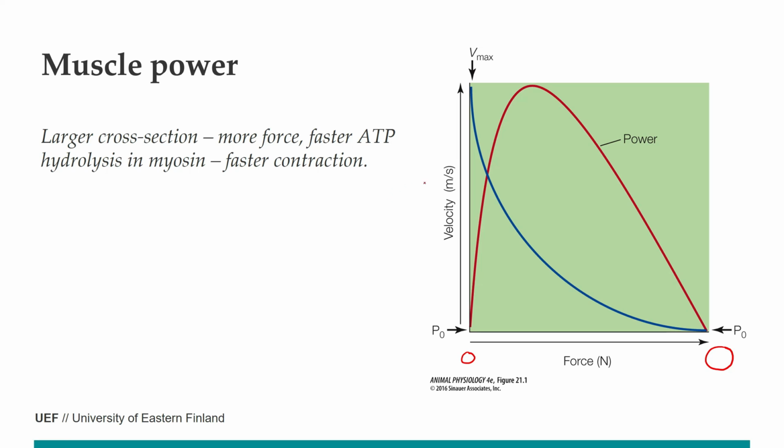And if we have, for example, more mitochondria, then we can get more ATP for these cells, and if we are breaking down the ATP fast with the myosin, then there will be very fast contraction.